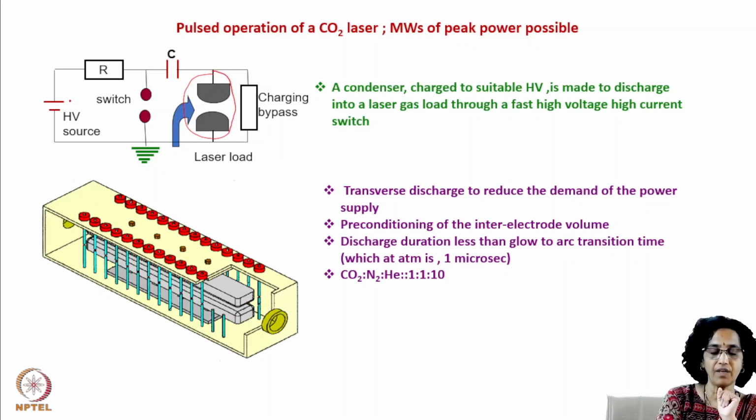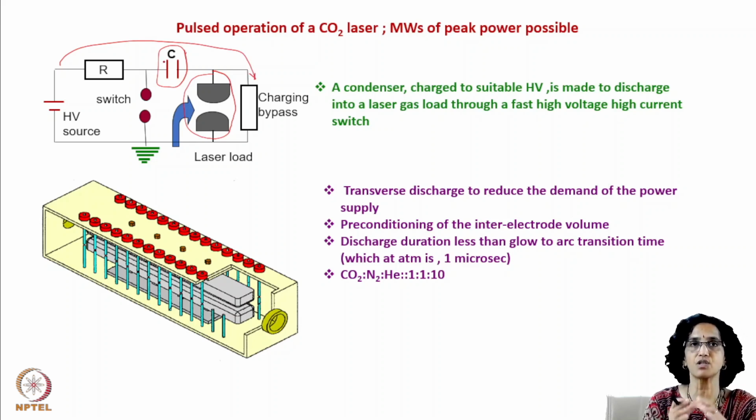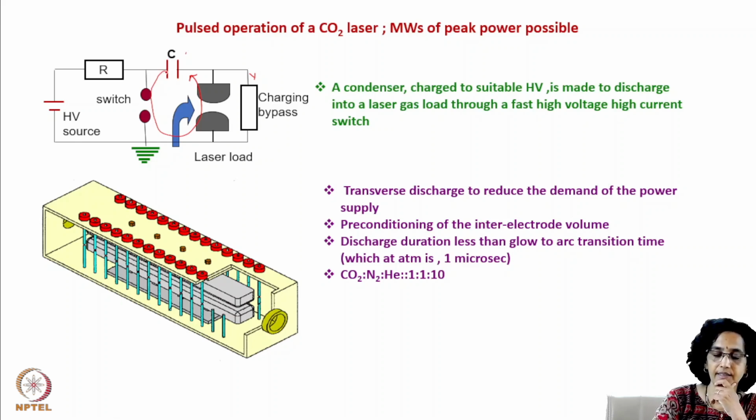And we have a high voltage source and we charge a capacitor through the charging bypass. When the capacitor is charged to the required voltage, this switch closes and the condenser discharges through the switch into the laser.